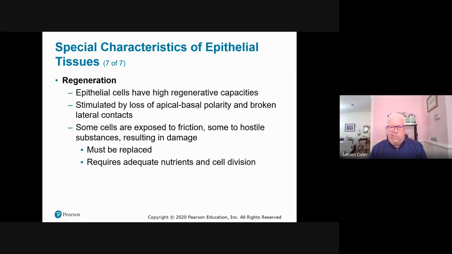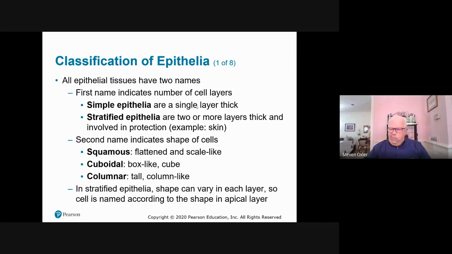And within 24 or 48 hours, that skin is renewed. Okay? So it's stimulated by the loss of polarity and broken contact. So when you scrub up with soap, it breaks the polarity and it breaks the contacts. Epithelial tissue classification.